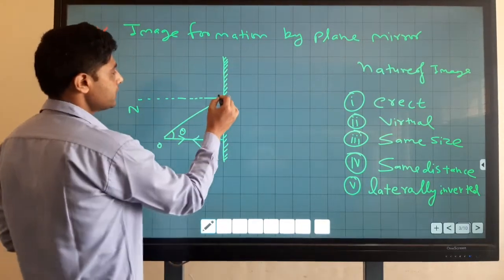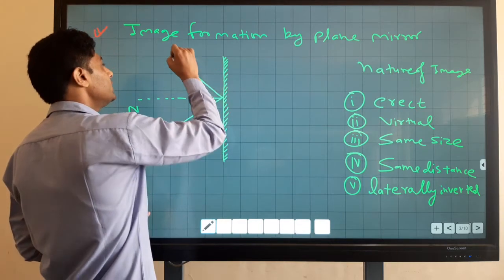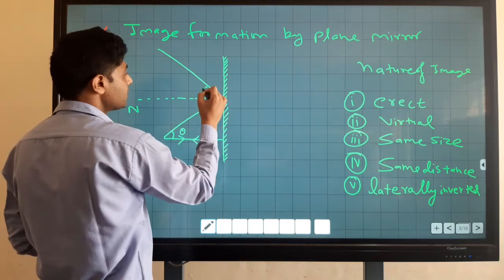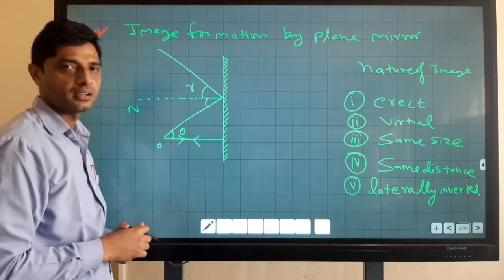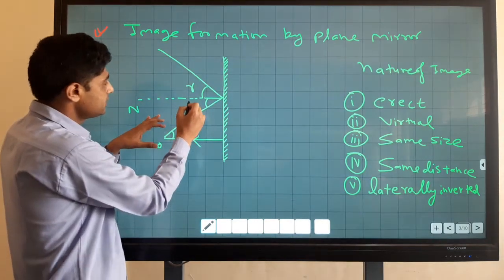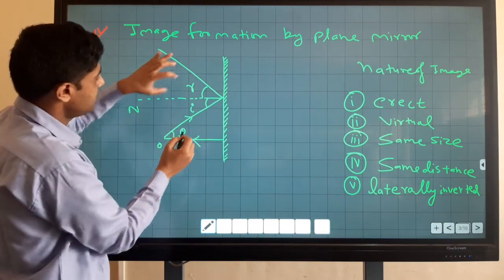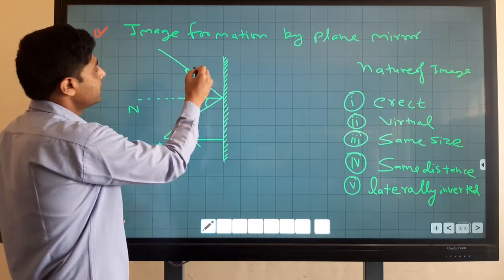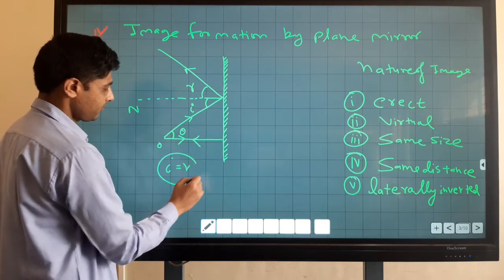So reflection takes place and the reflected light makes the same angle as the incident angle. This is the incident angle I and this is the reflected angle R. As you know, I equals R.